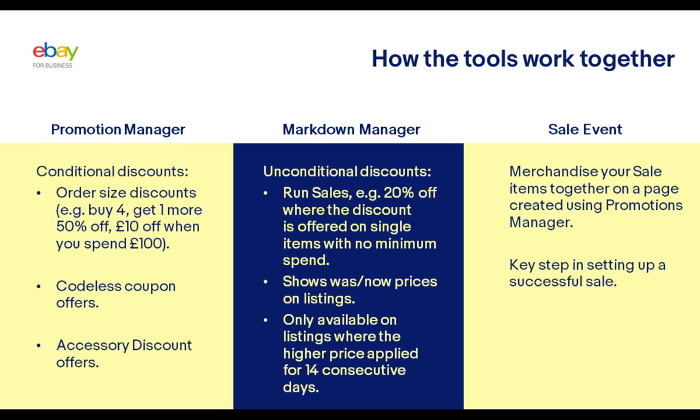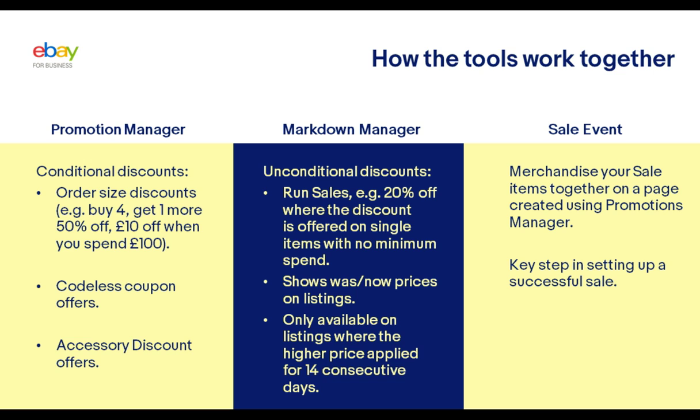And then there are the codeless coupon and accessory discount offers that we talked about already. The Markdown Manager is a little different. It's unconditional offers, so it is a straight discount on things. But it's only available on listings where the higher price is applied for 14 consecutive days before you apply the sale discounts on it. And then working them together, the sale event is what creates the promotional page.